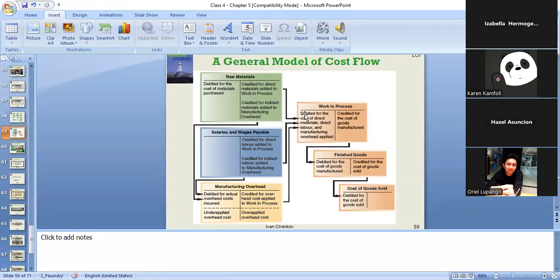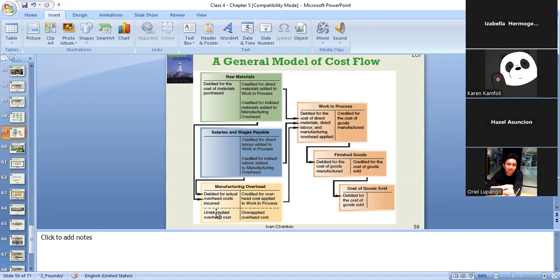Now, when the direct material, direct labor, and manufacturing overhead meet each other, that means we're applying the manufacturing overhead account, then we're going to have a complete product. Once we have a complete product, that means cost of goods manufactured. Then we're moving to finished goods. Once the finished goods are sold, they become cost of goods sold.